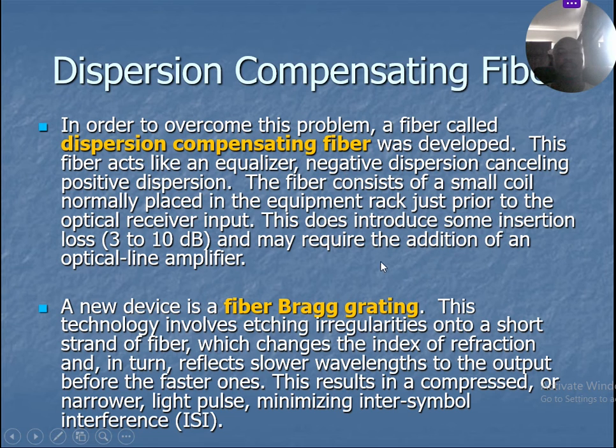Okay, so apart from dispersion compensating fiber, we've also come up with another method or device called the fiber Bragg grating. The fiber Bragg grating is also introduced into optical fiber. This technology involves etching irregularities onto a short strand of fiber, which changes the refractive index, or if you like, the index of refraction, and in turn reflects slower wavelengths to the output before the faster ones.